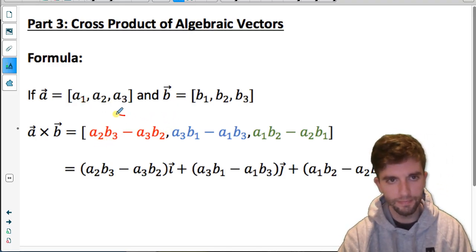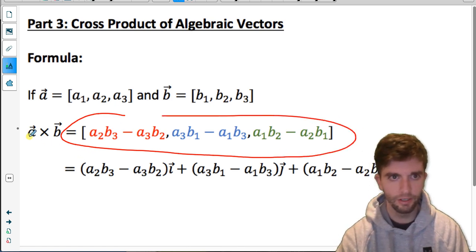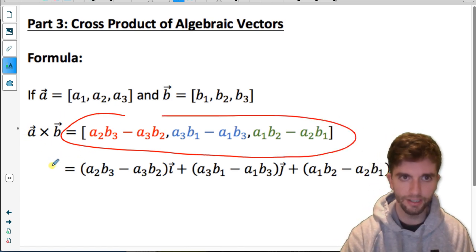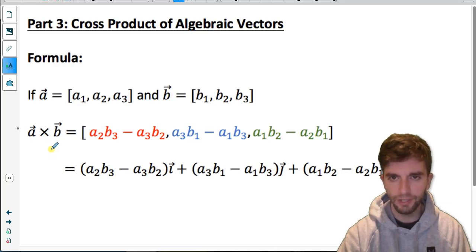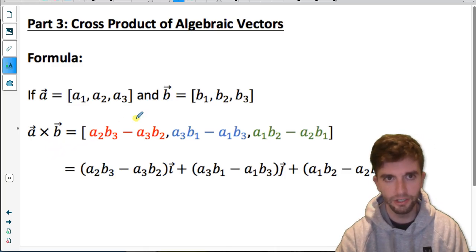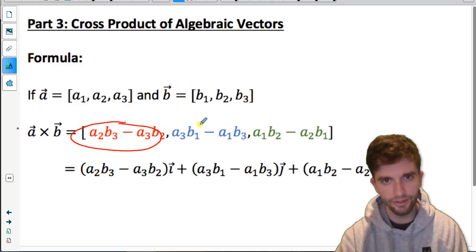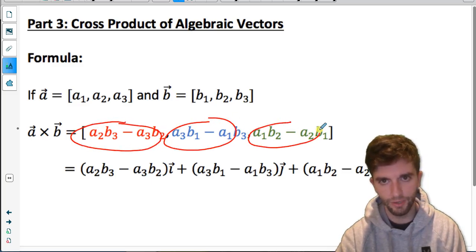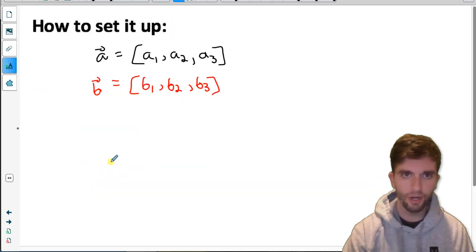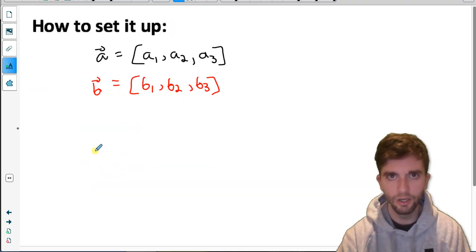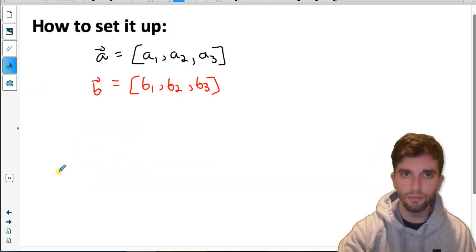Now this formula, it gives us a vector, right? Cross product is the vector product, it gives us a vector. And the formula may look somewhat confusing, but let me show you a little way we can set up the cross product of algebraic vectors so that we can generate these components of the vector, the x, the y, and the z components of that vector relatively easily. So if I want the cross product of vector a and b, what I need to do is set up 2 columns.